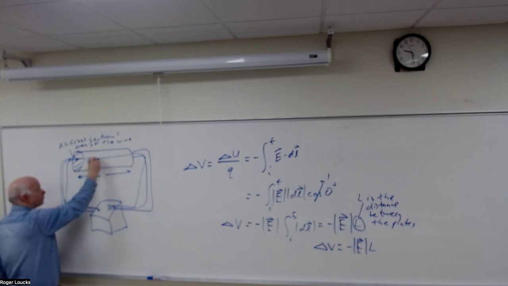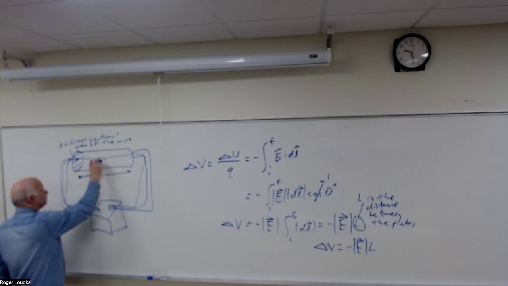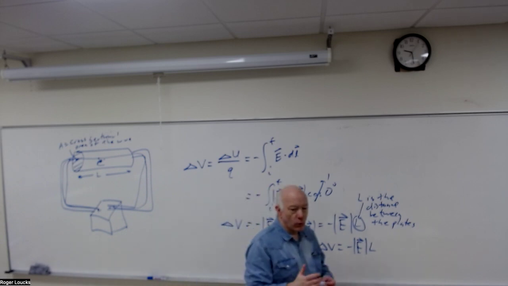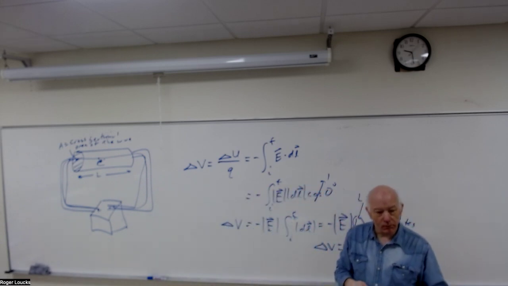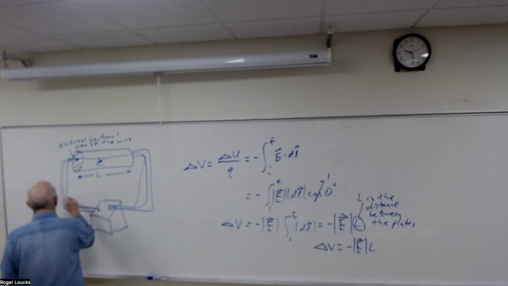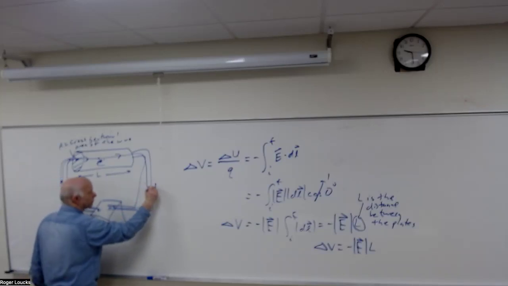So if you're the little electron here, what's going to happen? Let's make that look more like an electron. What will you do if you're an electron there? What will be the force on you if the electric field is going this way? So here's our electric field.